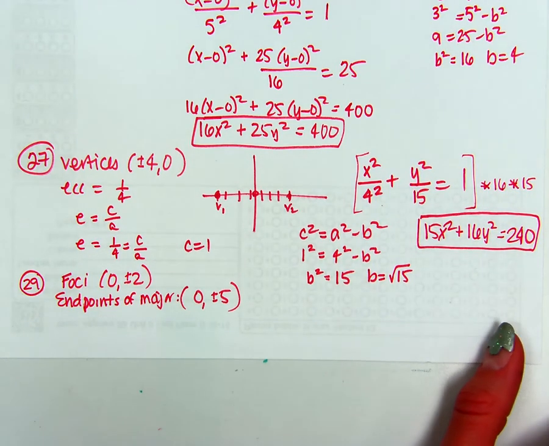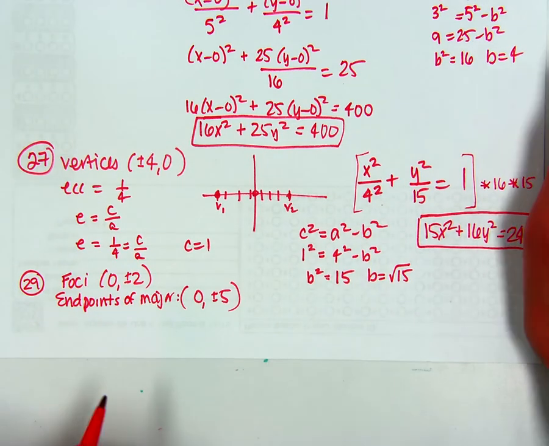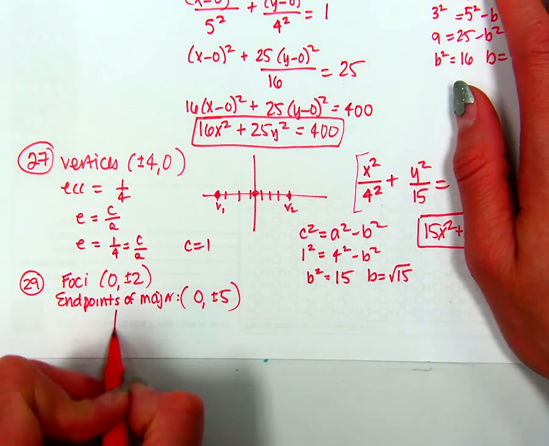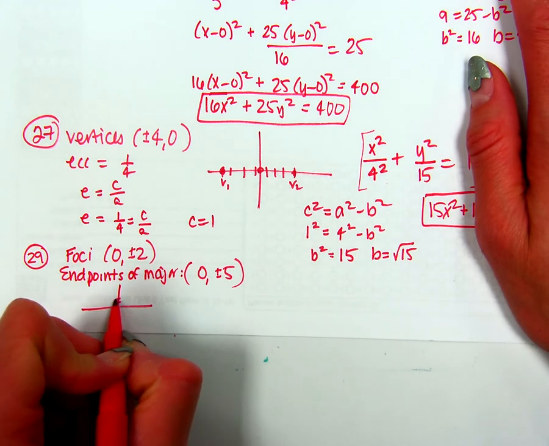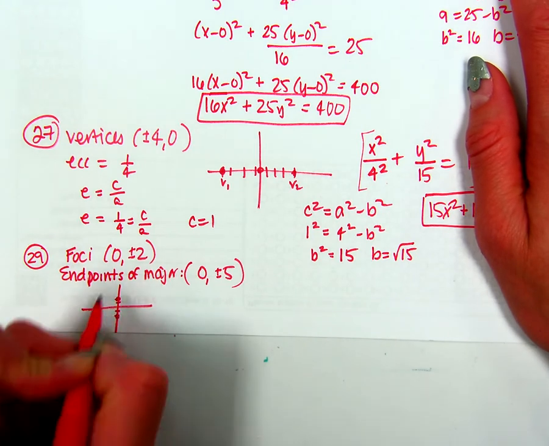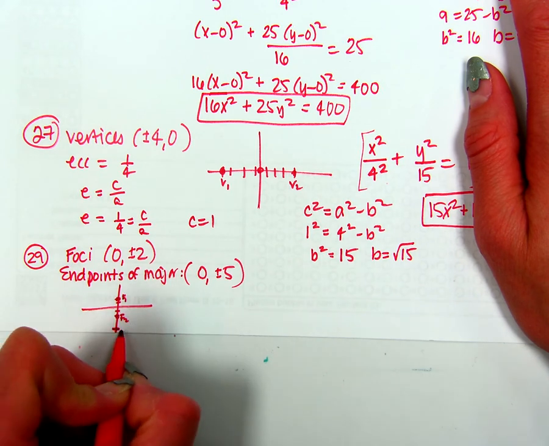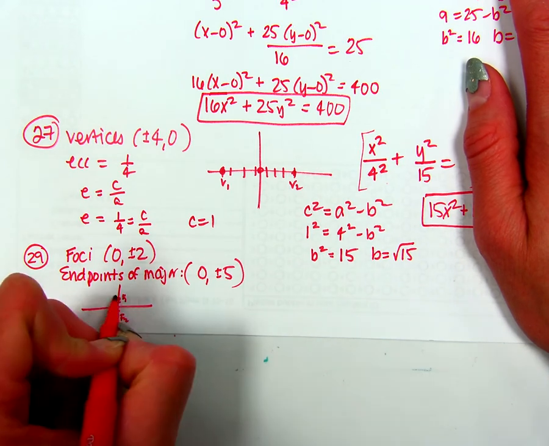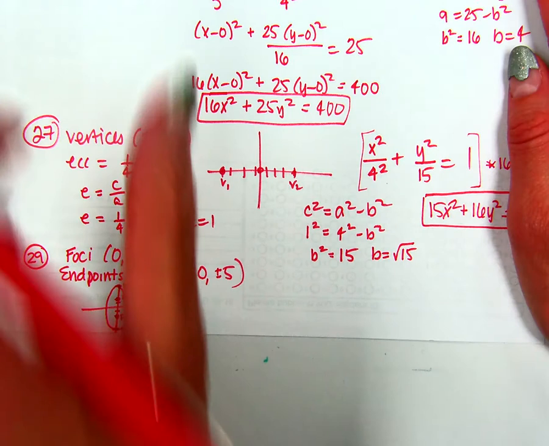A lot of times for these, I would suggest that you just draw a picture. So I know my 0, 2 and 0, negative 2 are my focal points. And I need to go down 5 and up 5. So my ellipse is going to look elongated vertically.